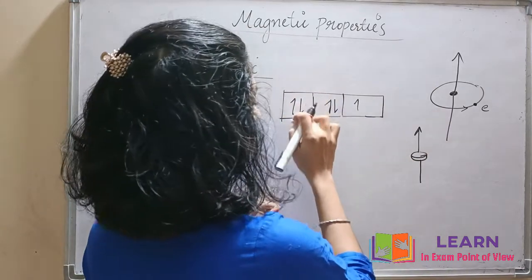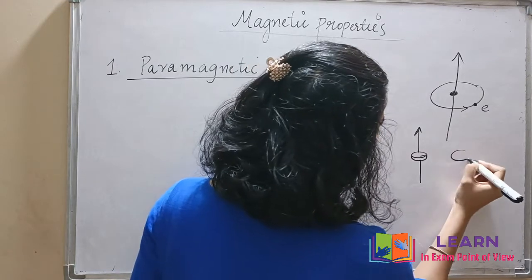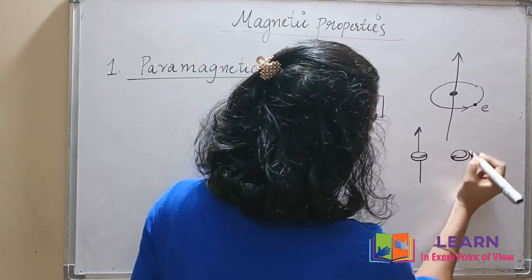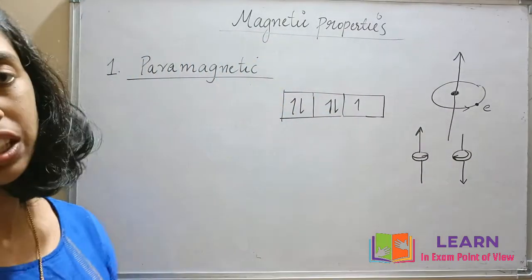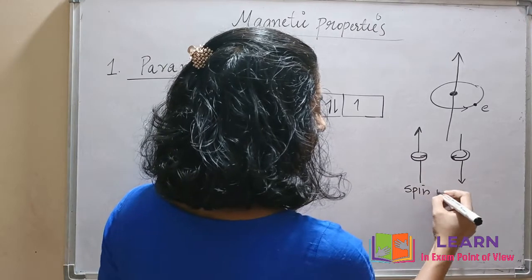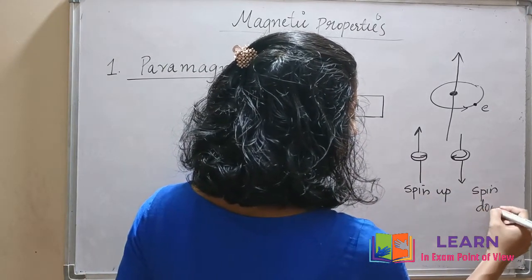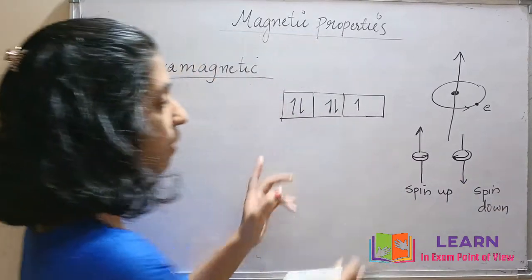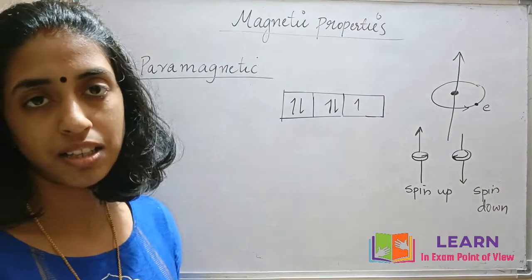That is why we denote two directions. If it spins in the opposite direction, then we have the magnetic moment in the downward direction. This is called spin up, and this is spin down. So if you see any unpaired electron, then it is paramagnetic.